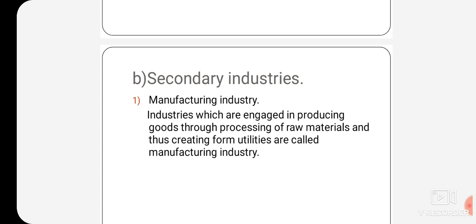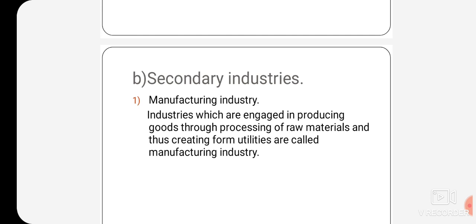That means these industries acquire raw materials and convert them into final goods after further processing and value addition. So secondary industries are classified into two types, that is manufacturing industry and construction industries.